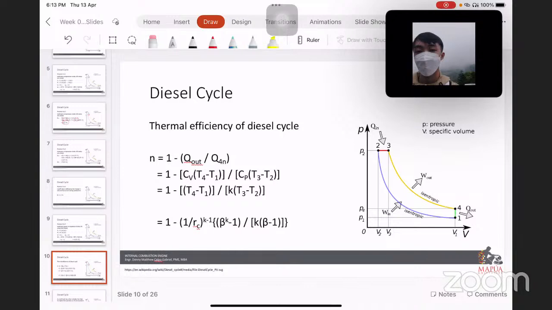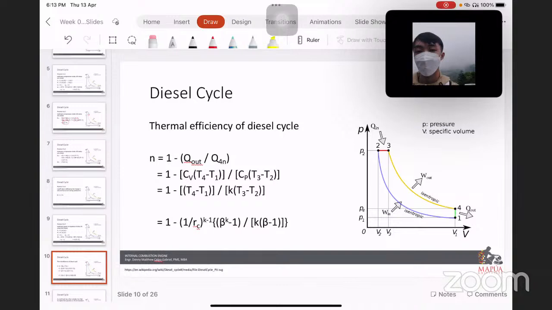Anyway, so yung Q in natin, m Cv delta T, where m at Q in is equal to the m at Q out, so it will cancel out. So may kulang sa iyo ngayon is yung Cv at saka yung Cp. So pansin niyo, doon sa Q in, ang ginamit natin specific heat at constant pressure. Doon sa process 4 to 1, ang ginamit natin Cv, specific heat at constant volume.